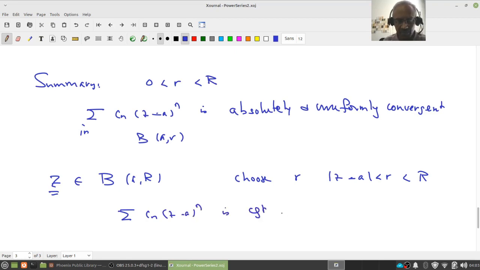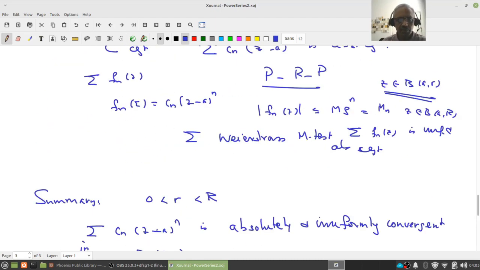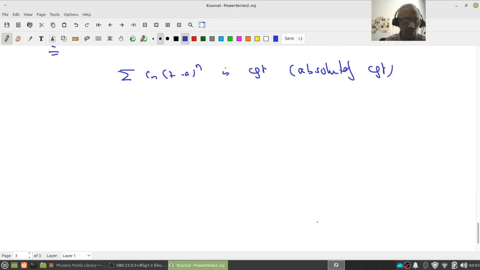In fact, we have shown it's absolutely convergent. And where does it uniformly converge? It uniformly converges in the smaller closed disk, little r. Now make sure, these are the points which students miss while reading. So have you proved that for our R satisfying this?